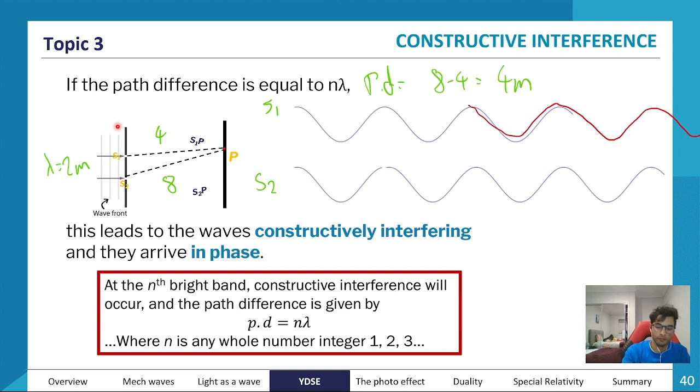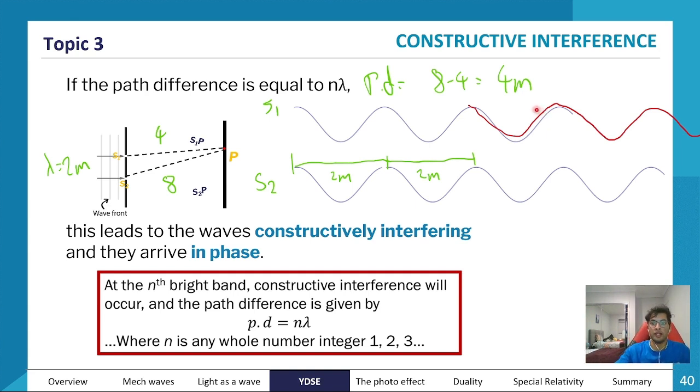Hopefully that makes sense. Since the wavelength is 2, from here to here is 2 meters, and from here to here is 2 meters. Since the secondary wave travels 4 meters longer, it has to be shifted by 4 meters, and when that happens you get this, which is still constructively interfering.